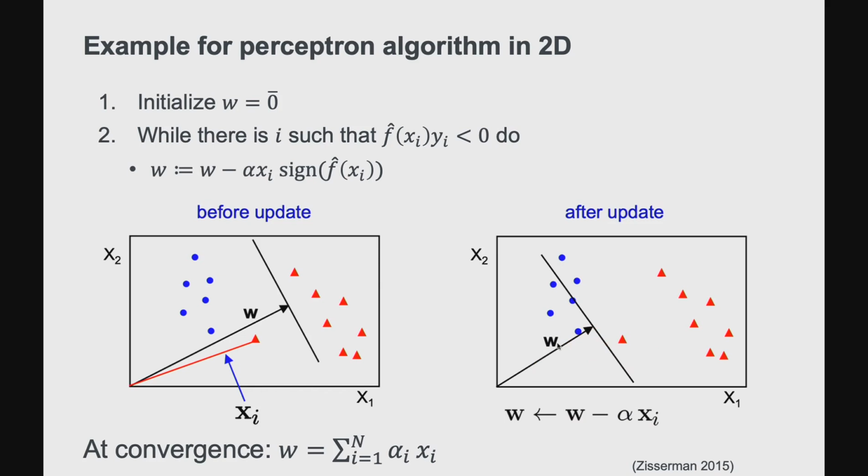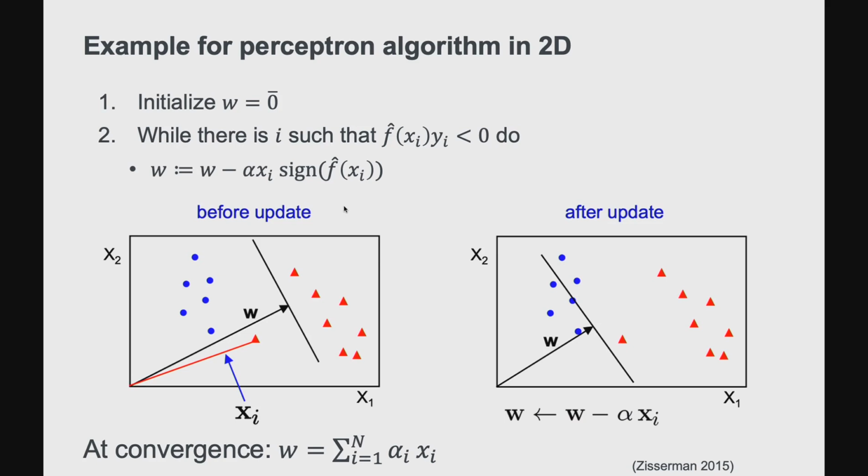It shouldn't be too large because otherwise we might oscillate violently between different versions of putting this on the wrong line. But of course you see that with changing this, other data points may end up on the wrong side of the line that before were on the right side of the line.